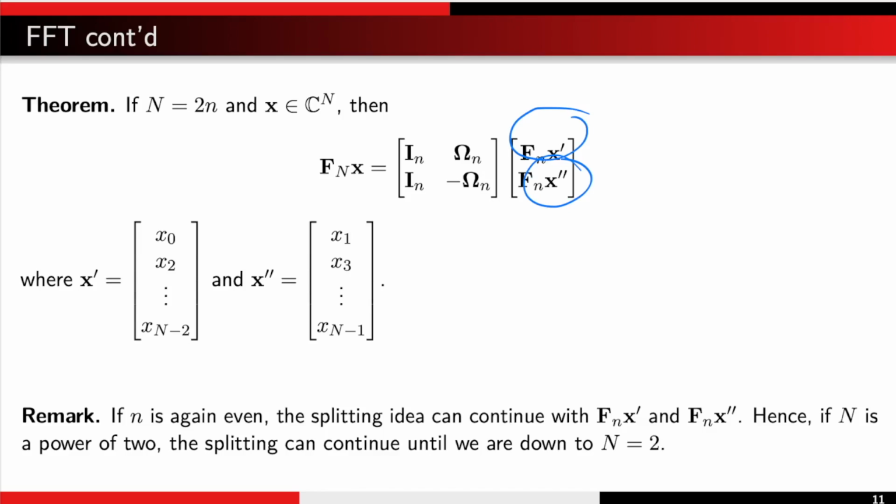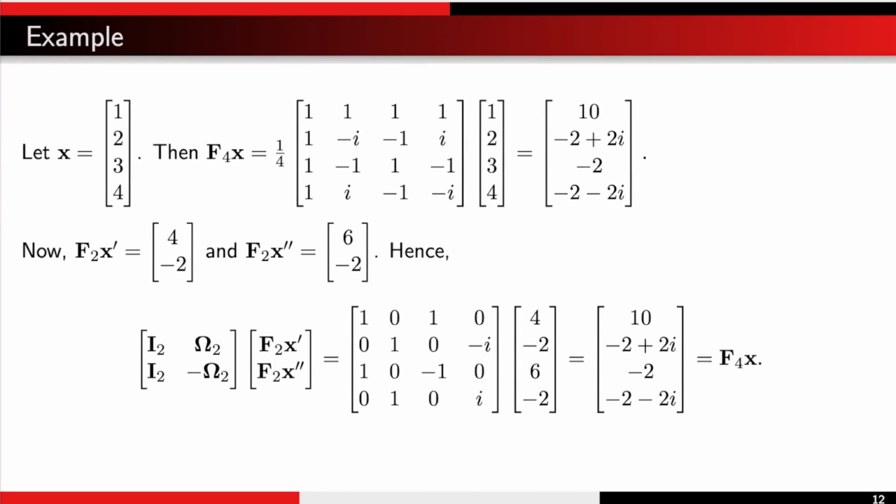So here's an example. Suppose that the vector x is 1, 2, 3, 4, and we want to compute F4 times x. And we know that the closed form solution is given by 1/4 times this matrix here times x. So this is our answer. Now let's check it against the results given by the theorem.